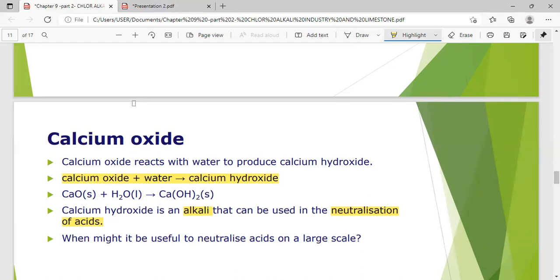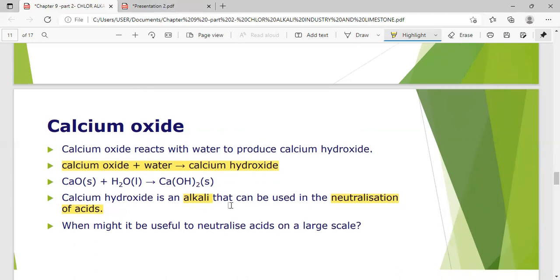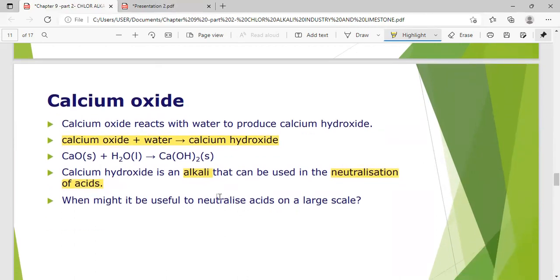The question is asking you to give an example of where acids can be neutralized in a large amount. Of course, in the labs they are also used, but in a smaller amount. On a large scale, where is it used? You have learned this, so you can answer from what you have studied.